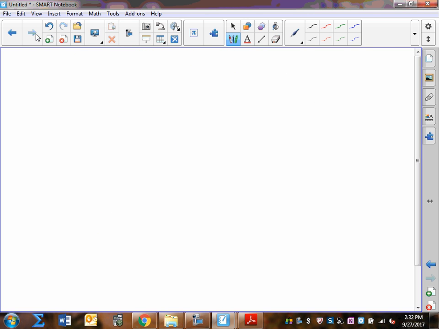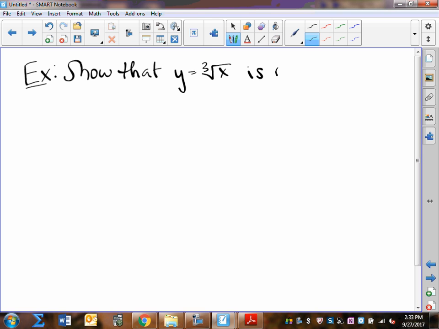So let's use all that. All right, show that. Some great words in calculus. Show that y equals the cube root of x is continuous, but not differentiable.